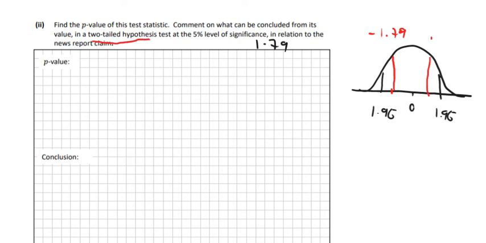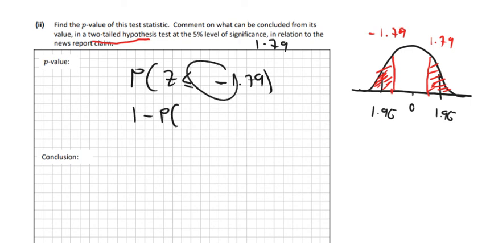1.79. So it's everything that's inside there. So we want to look up the probability that Z is less than or equal to minus 1.79, and remember again, we can't do minus, therefore we're going to have to do 1 minus the probability.